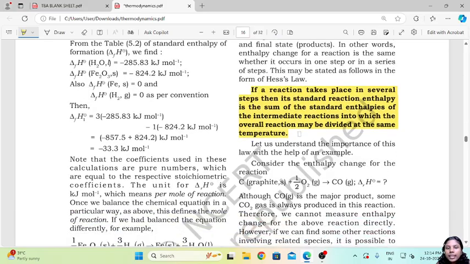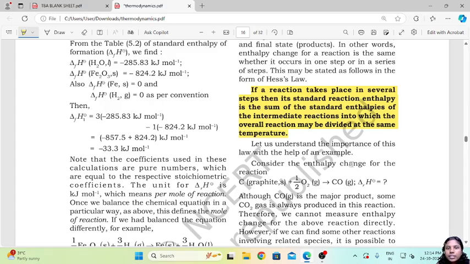So what he is saying is that for a reaction that is taking place in several steps, the standard reaction enthalpy, delta rH naught, will be the sum of all the standard enthalpies, delta H naught, of all the intermediate steps.